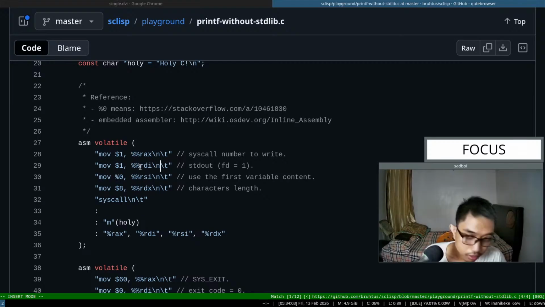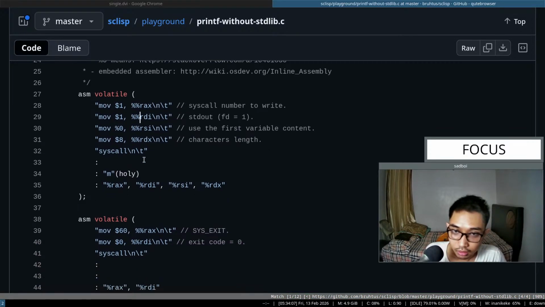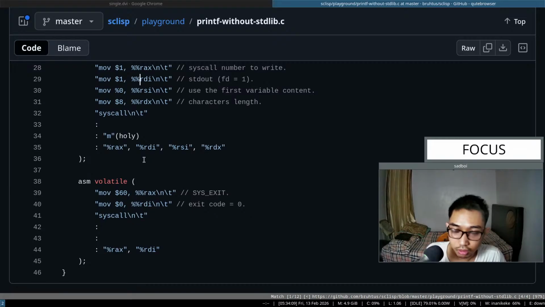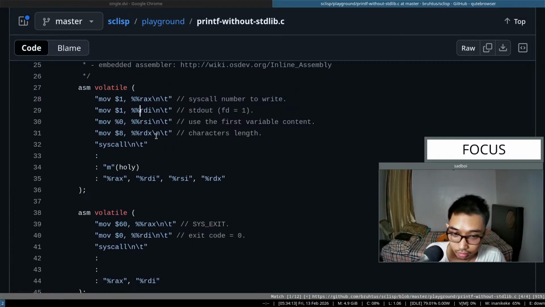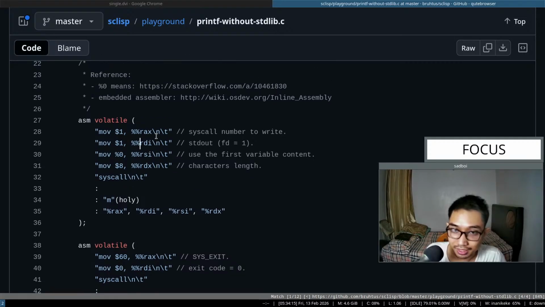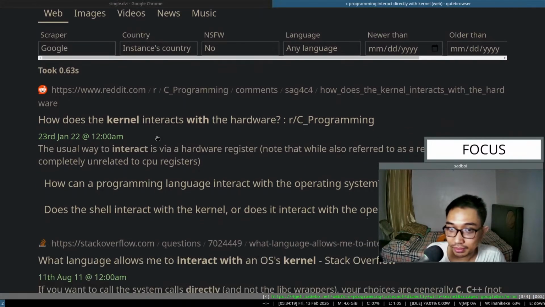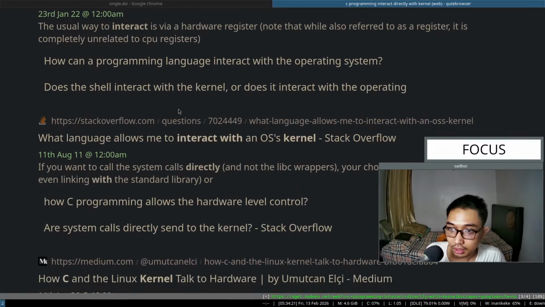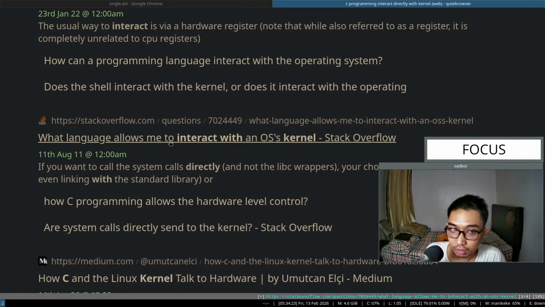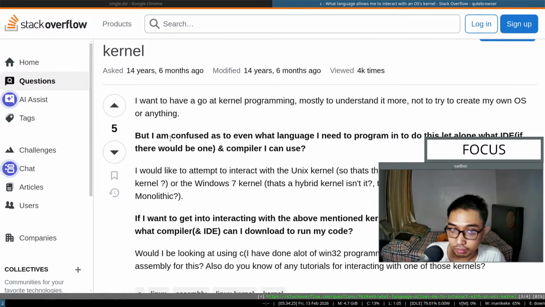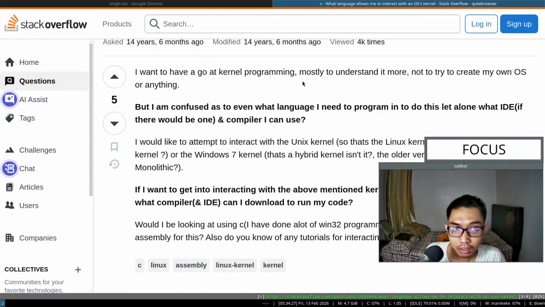So maybe we can talk directly with the kernel using assembly without any library or API. But yeah, that can be dangerous, I guess. Talk with the system, mostly to understand it more, not to type. Okay.